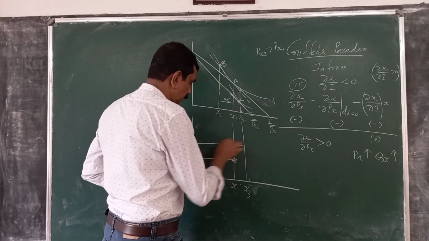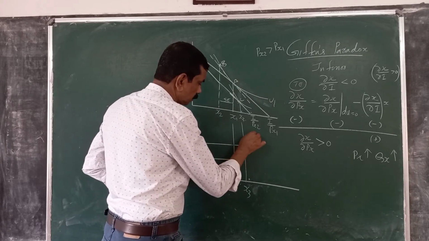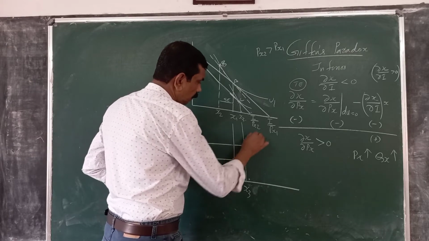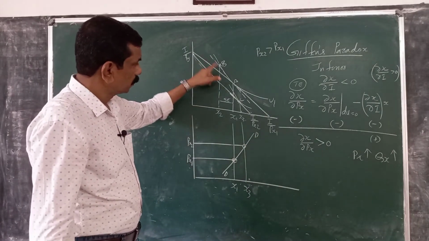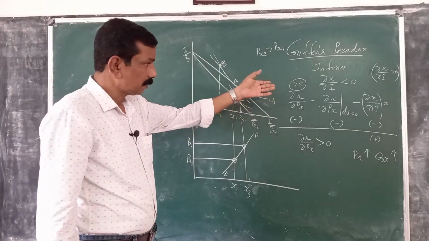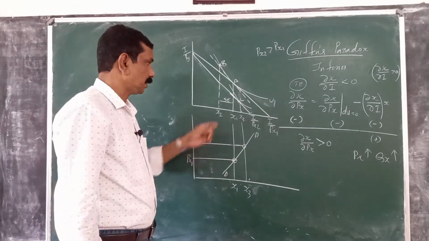When the price of X increases from Px1 to Px2, quantity increases. So we have a positively sloped demand curve. Always remember the case of increase in price we have discussed in the last class.